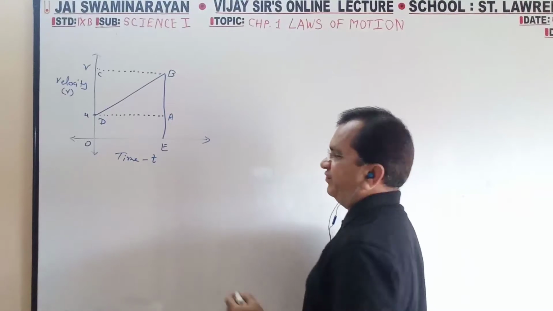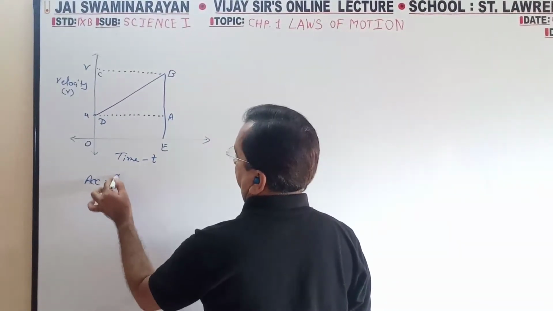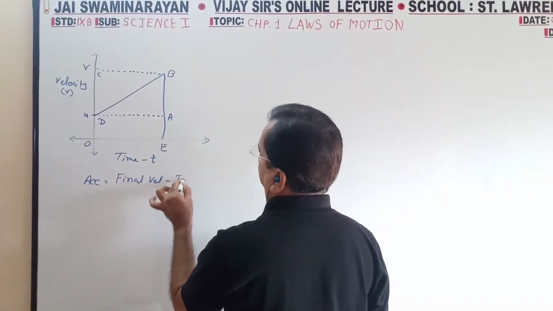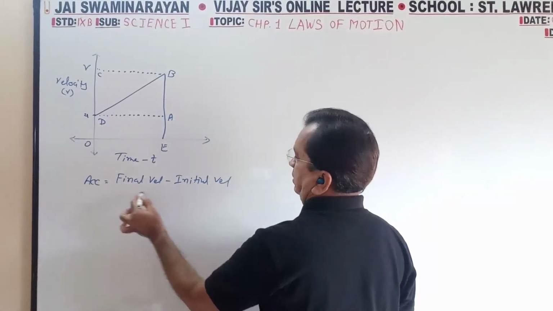Now, what is the definition of acceleration? Final velocity minus initial velocity, divided by time.